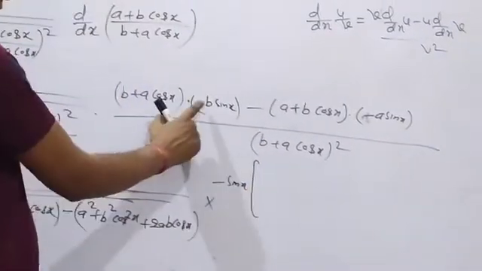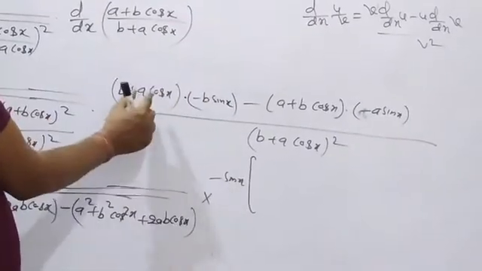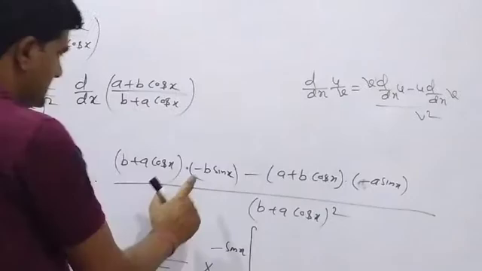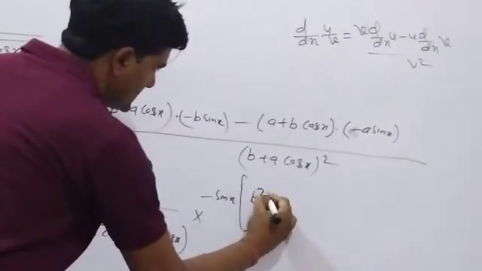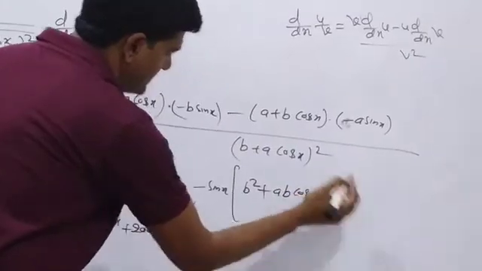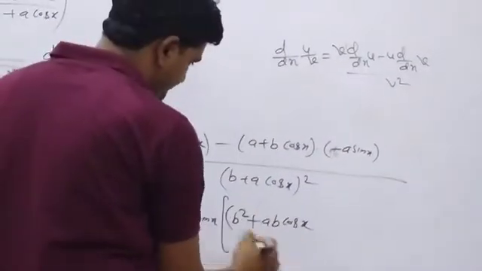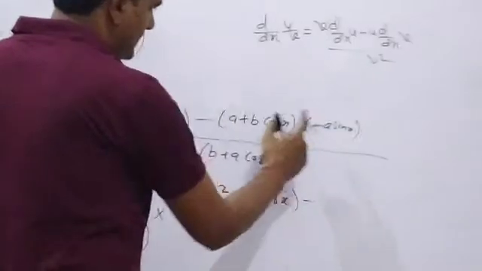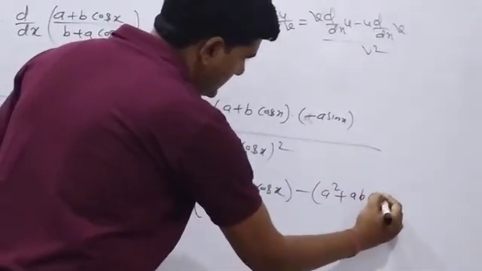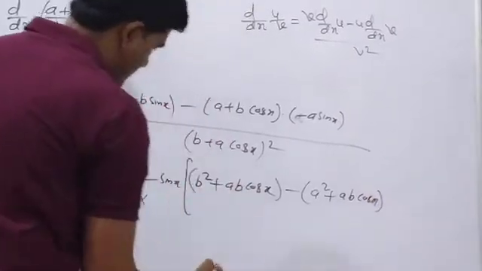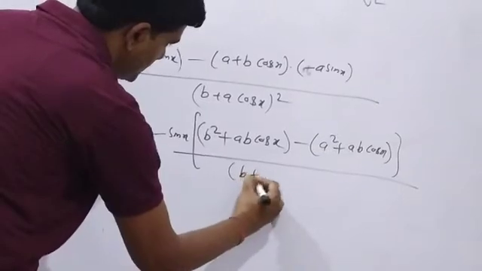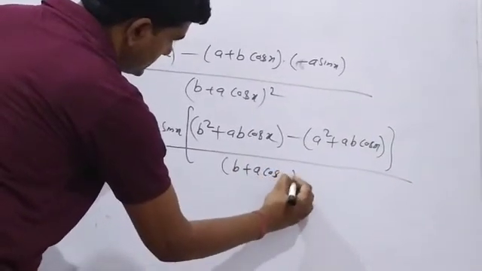After that, this b will be multiplied inside this bracket and this a will be multiplied inside this bracket, meaning b into b square, b into ab cos x, minus sign here, minus a multiplied by this, meaning a square and ab cos x, and here whole upon (b plus a cos x) whole square.